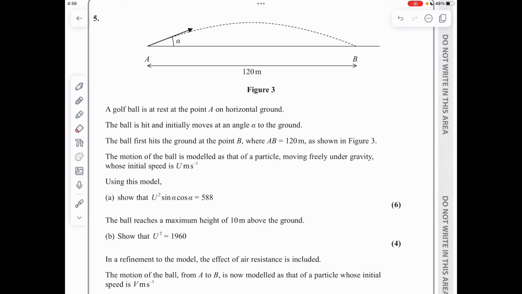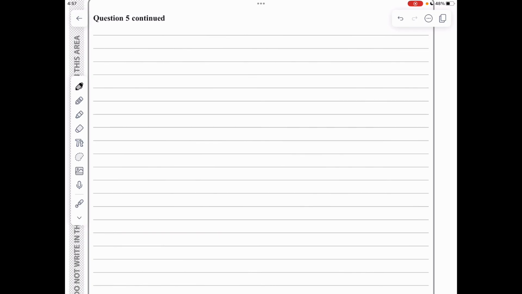I will start by annotating my diagram here with U, the initial speed. Resolving horizontally it's U cos alpha, and vertically it's going to be U sine alpha. Now we'll be considering horizontal and vertical motion separately, so the initial speed in the horizontal direction, ux, is U cos alpha, and the acceleration in the horizontal is 0, whereas in the vertical, uy is U sine alpha, and the acceleration in the vertical is simply minus g.